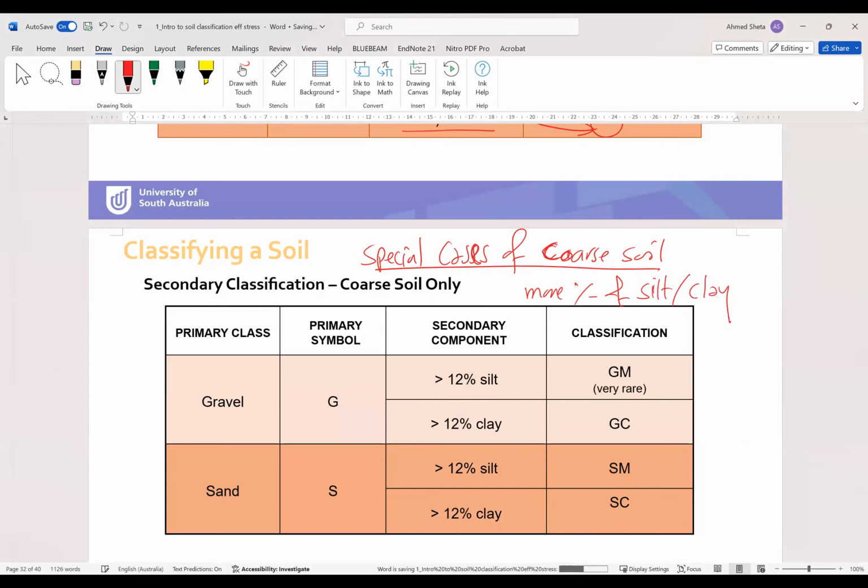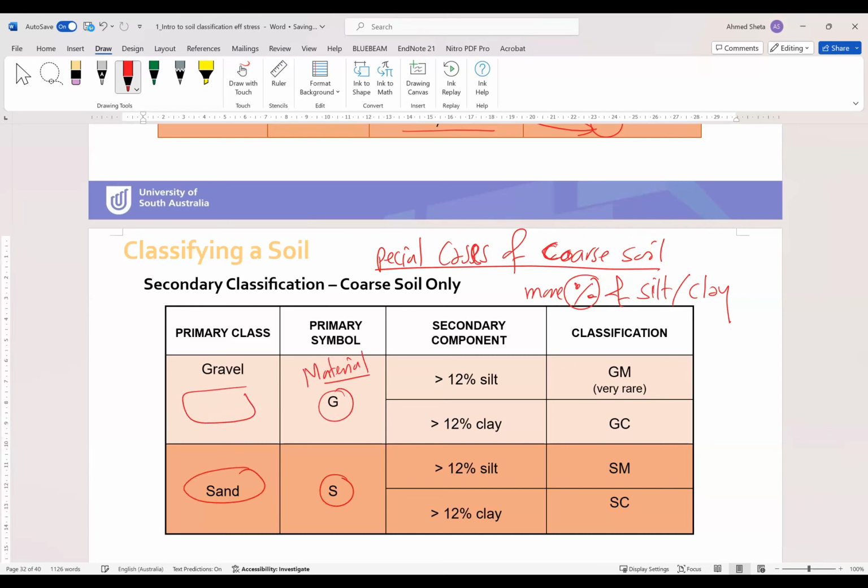So it is not close to the coarse soil, but it has more percentage of silt and clay. That's why in some cases we have another classification, where the primary classification is again G or S, the material, gravel or sand, but the second letter will be changed because we have a high percentage of silt or a high percentage of clay.